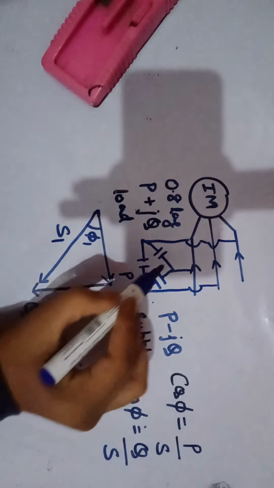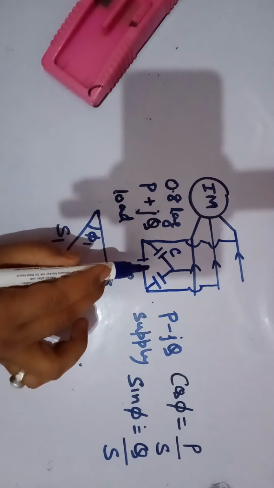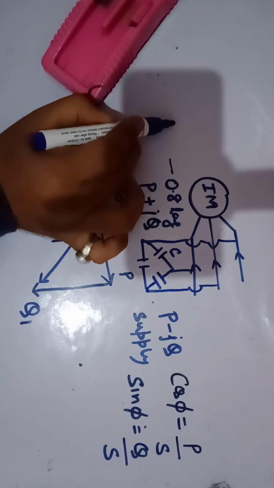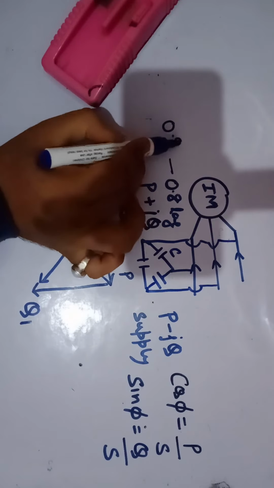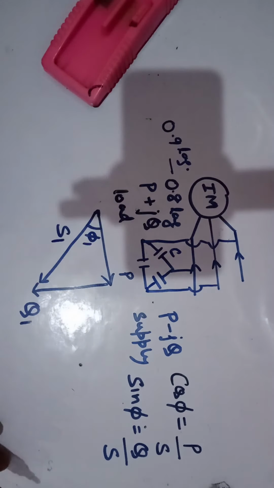Now this capacitor is connected. What happens after capacitor connection? Your power factor is improved. Power factor is improved means it goes to 0.9 lag. So what will be the effect on your power triangle diagram?